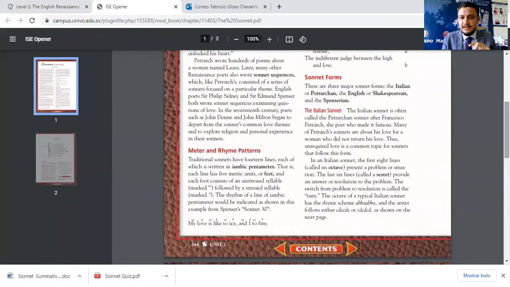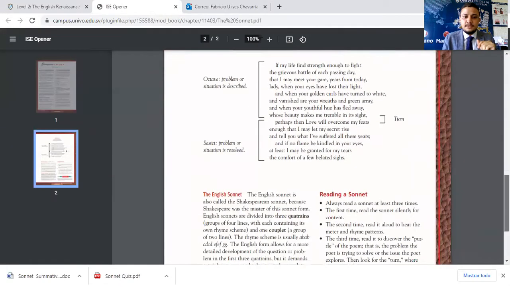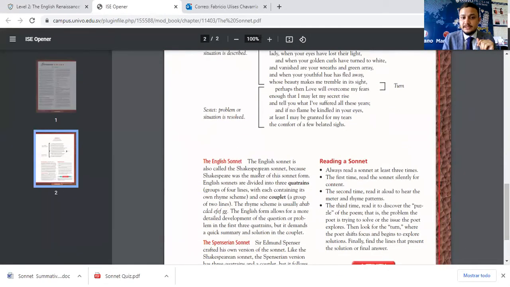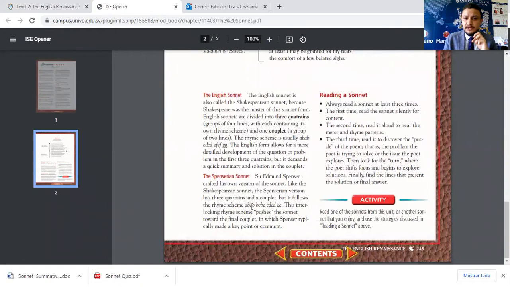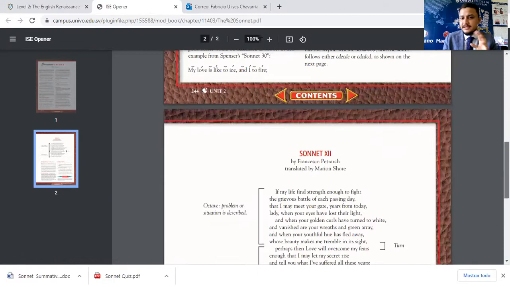For example, we have the Italian sonnet. Then we have the English sonnet, whose most referential person is Shakespeare. We also have the Spenserian sonnet, and that's it.